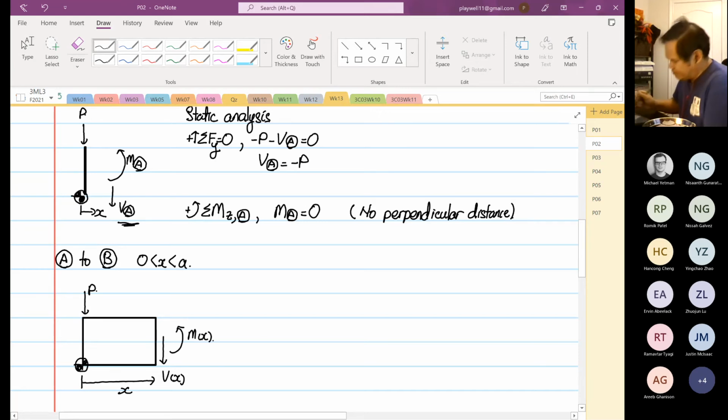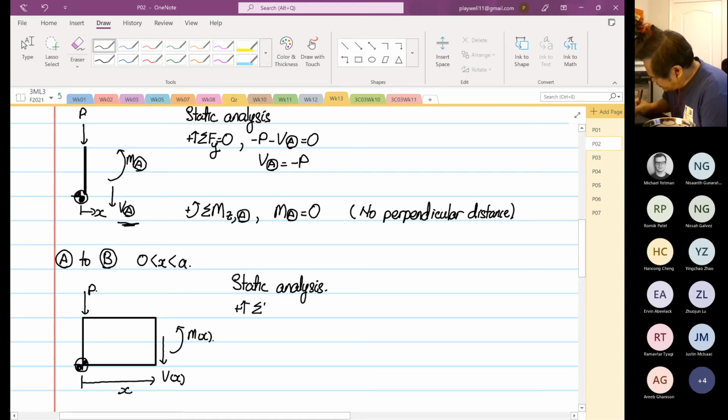Then the same thing, we do static analysis. So we do summation of forces going up is equal to 0. So this is minus P minus V as a function of x is equal to 0.